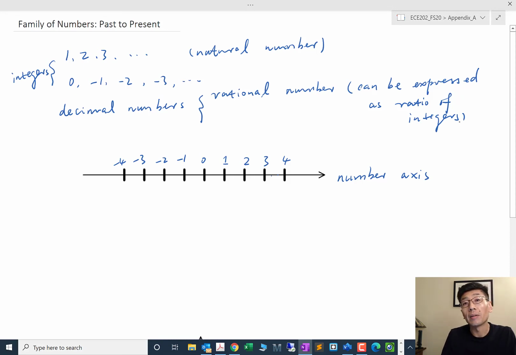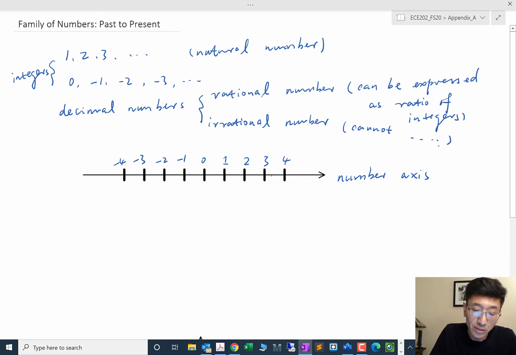A lot of decimal numbers are of this type. And there are also some weird ones. The weird ones we call the irrational numbers, because they cannot be expressed as a ratio of integers. Those are numbers like the square root of 2, pi, or the Euler number e, things like that.